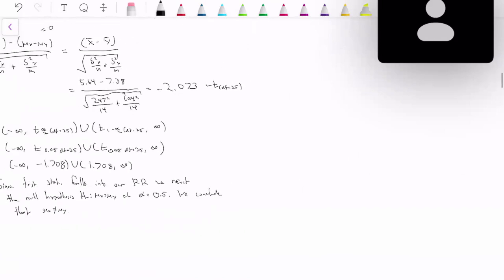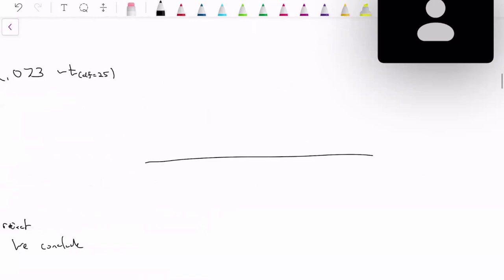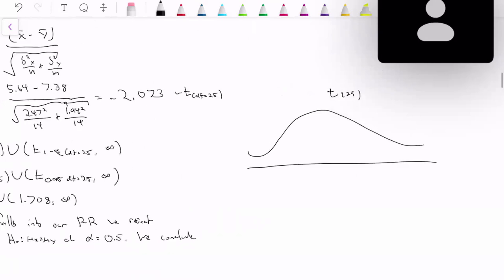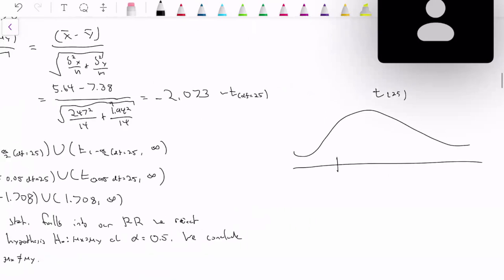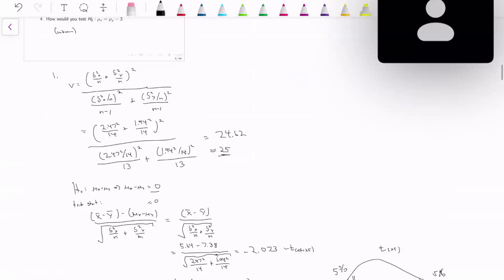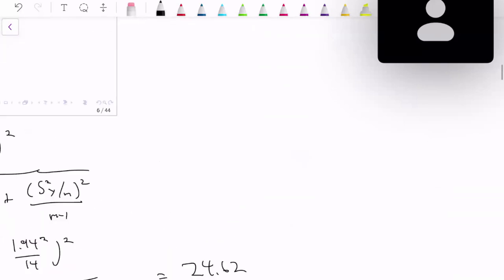So essentially the rejection region is just, imagine this is a t distribution with 25 degrees of freedom. This area here is 5%, and this area here is 5%, which gives us our alpha equal to 0.1.